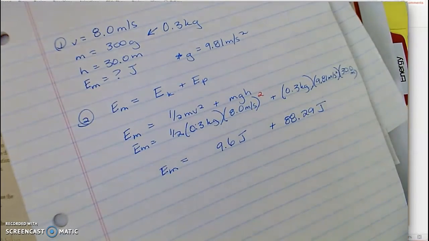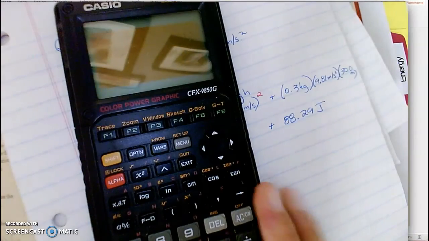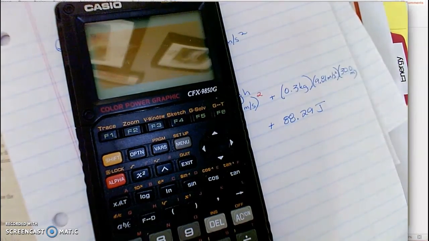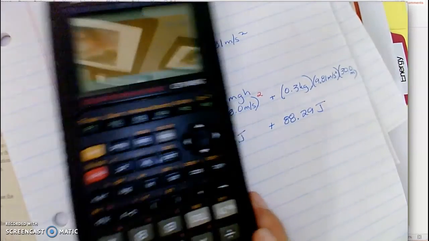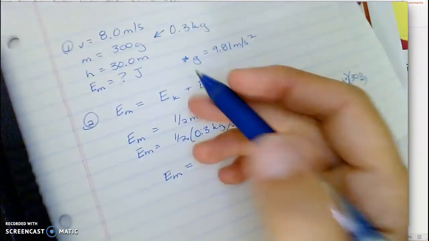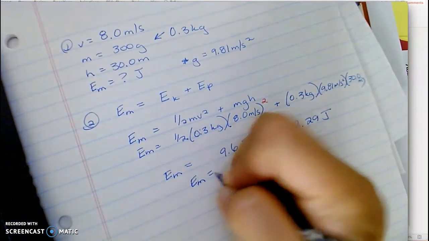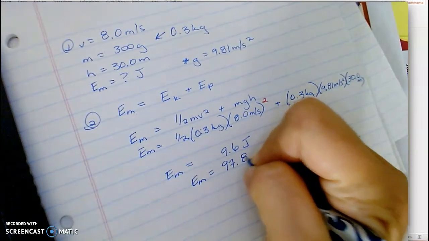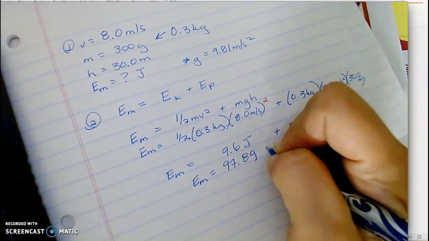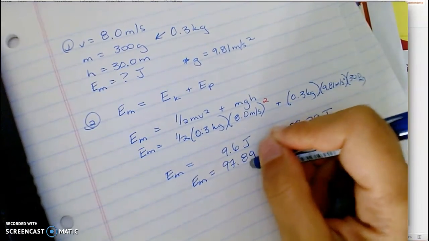So 9.6 plus 88.29 is 97.89. That's a 9, not a J or a G.